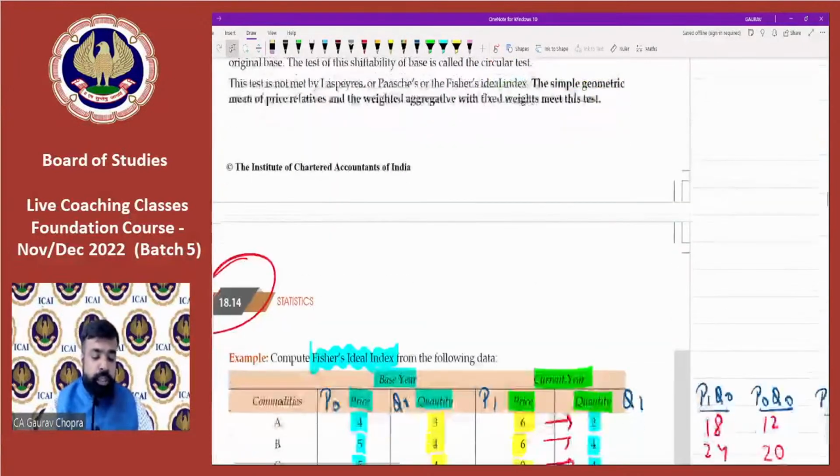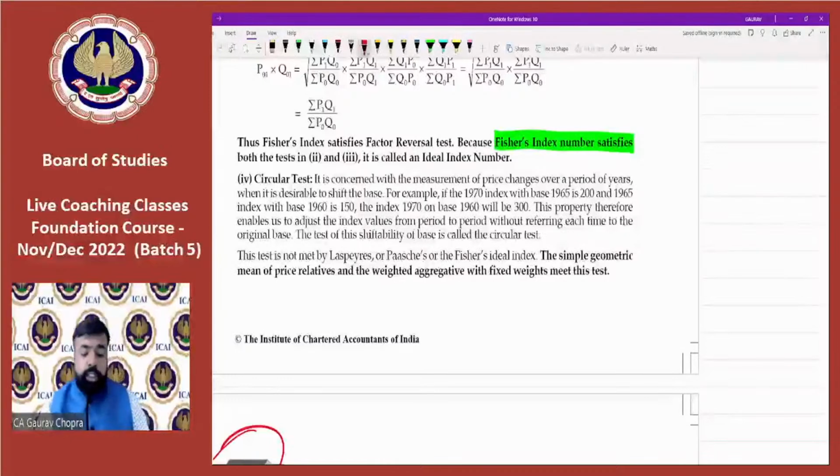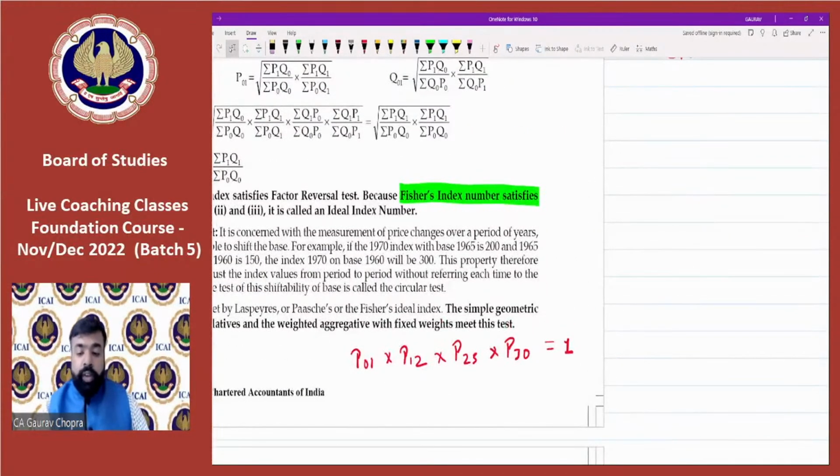Now the last one is the circular test. The circular test says that if we multiply P01, P12, P23 and come back to 0 again, and the product of all these is equal to 1, then the circular test is satisfied. So 0 and 1, 1 and 2, 2 and 3, and again we are moving towards 0.